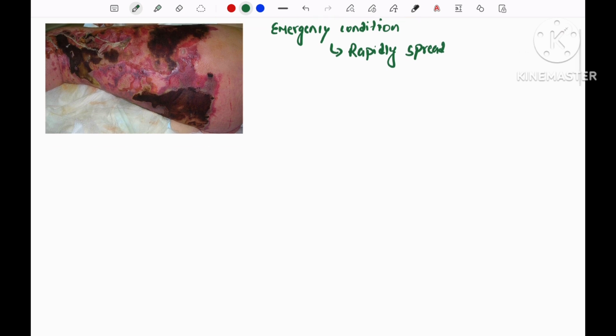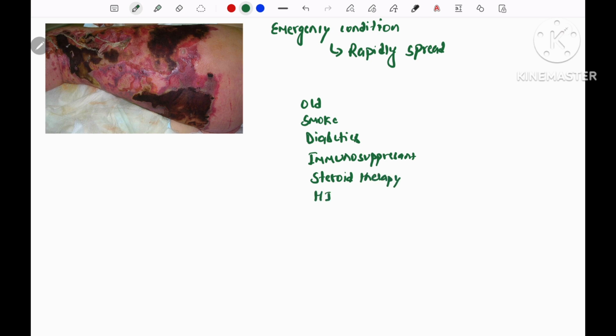patients. The persons who are immunocompromised are like the persons who are old, the persons who smoke, the diabetic patient, the patient on immunosuppressant therapy like steroid therapy, and the HIV patient.